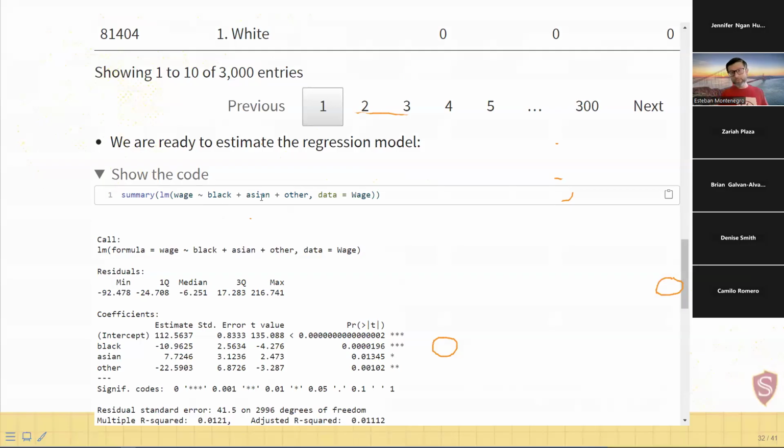Asian is 1 if you're Asian, otherwise 0. And if people marked other, they're going to be 1, otherwise 0. But they are not exactly different variables. They belong to the same variable, race. It's just a mathematical trick that we do in order to make sense of the regression line.